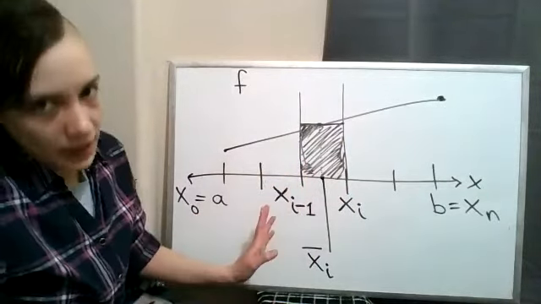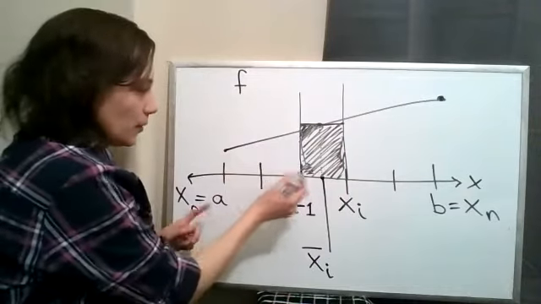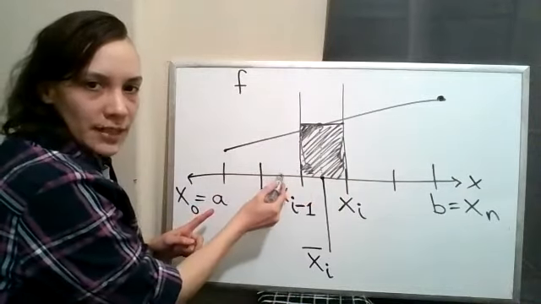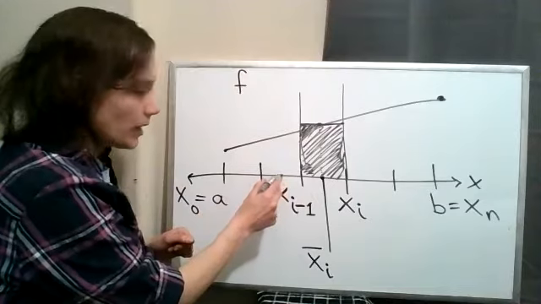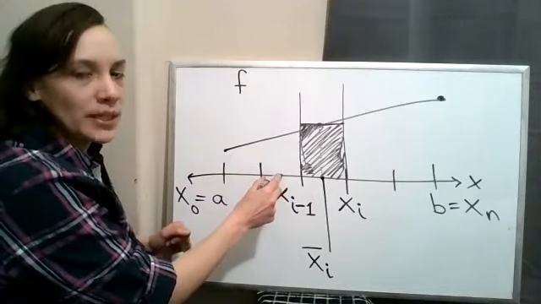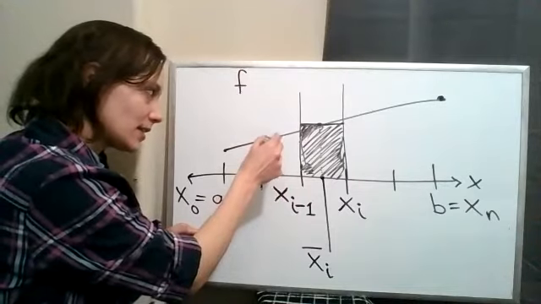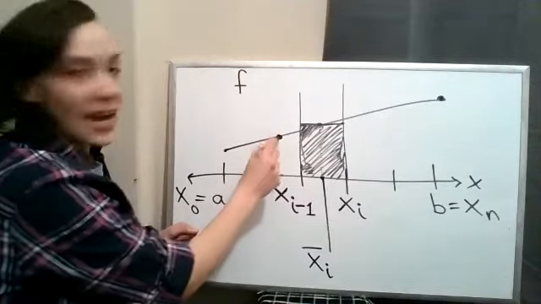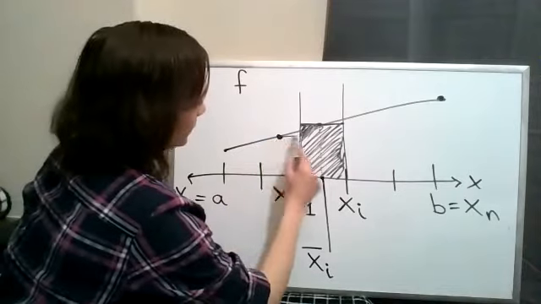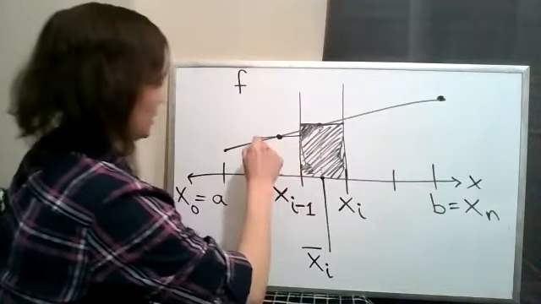So let's draw another one. From the previous interval, we would find the midpoint, figure out the output for that point right there, and that's the height of your rectangle. So go over and over and down.